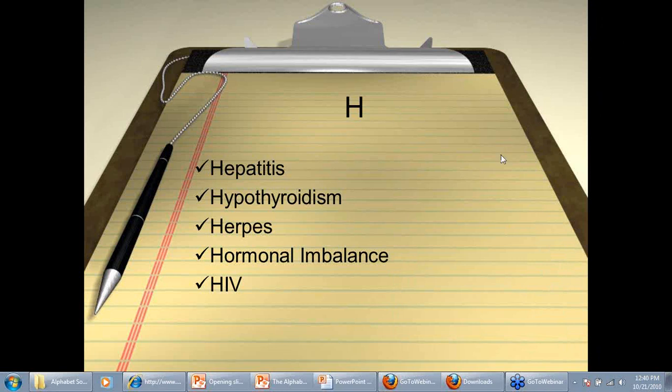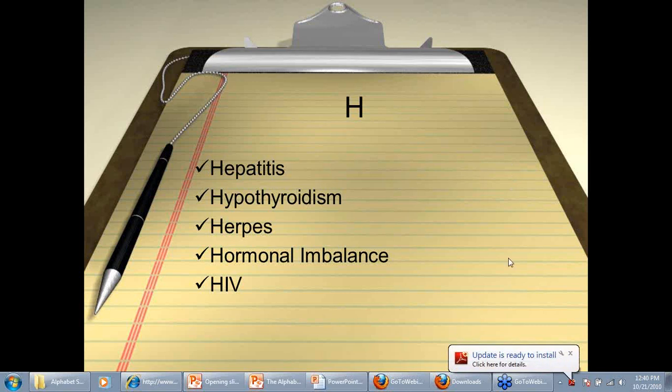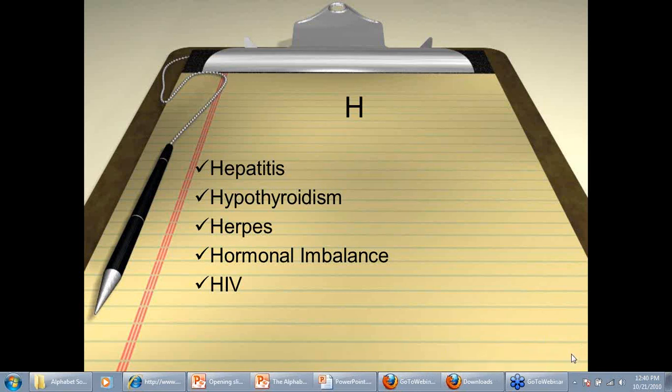Hormonal imbalances always need to be looked at, because if there is a significant change in any hormone we're talking about, whether thyroid hormone, female hormones, or testosterone, those things can cause people to significantly change their mood.